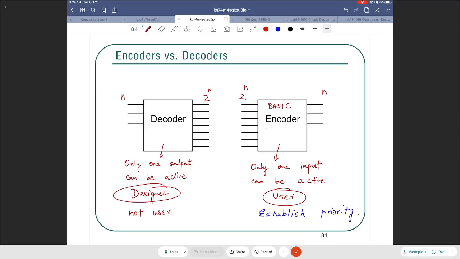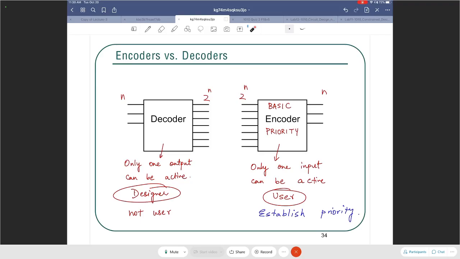But there is also a priority encoder. The priority encoder has priority inbuilt. So even if the user gets something wrong, meaning more than one input high, active, it'll take care of it. It'll prioritize one of the inputs only and then ignore the other. That is why we have two variations of the encoder, basic and priority encoder.